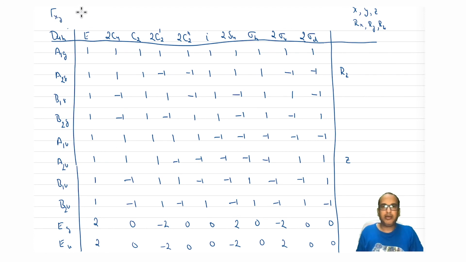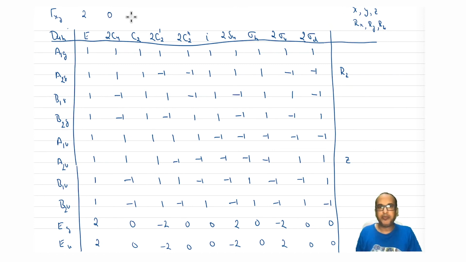For E, X remains at X, Y remains at Y, so that means I will get a trace of 2. For C4, X goes to Y, Y goes to -X. That means it will be 0, 0. Both of them will be 0, because if X goes to -X, then for X it will be a -1 trace, and for Y it will be -1. But in this case, X goes to Y because it's a C4, and Y goes to -X. So both of them contribute nothing to the diagonal, and that will be 0.